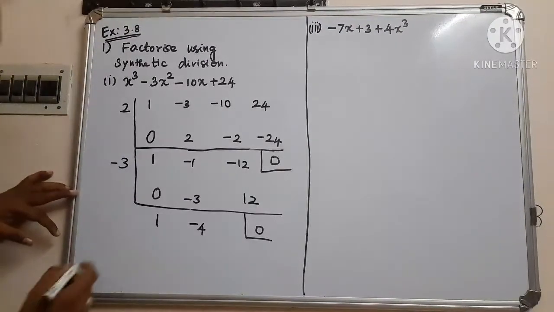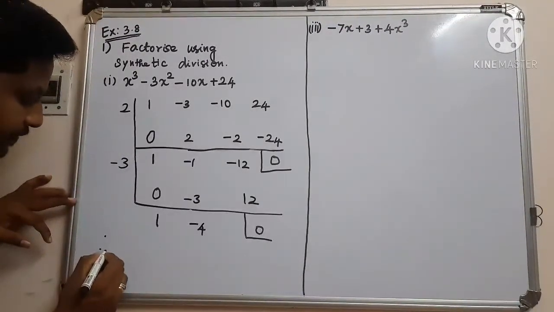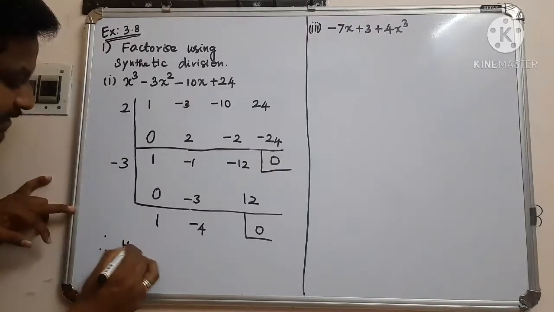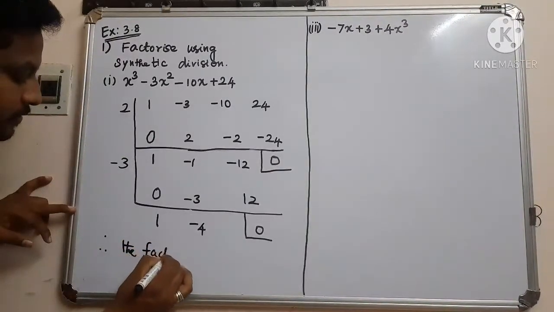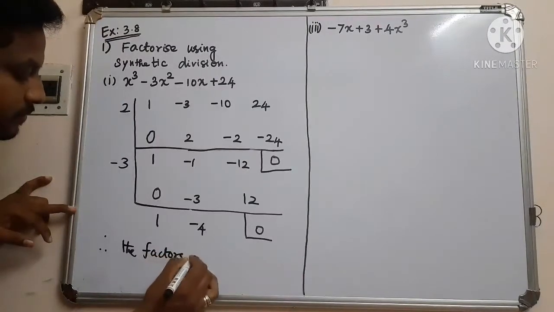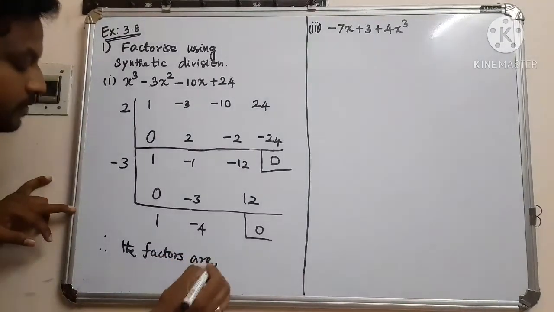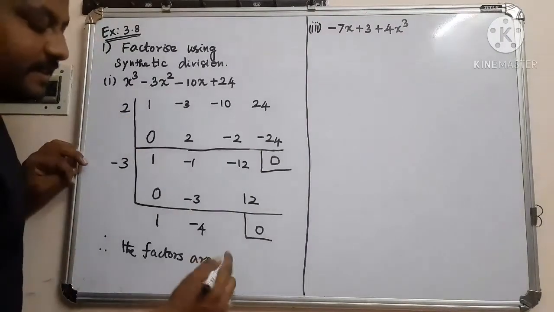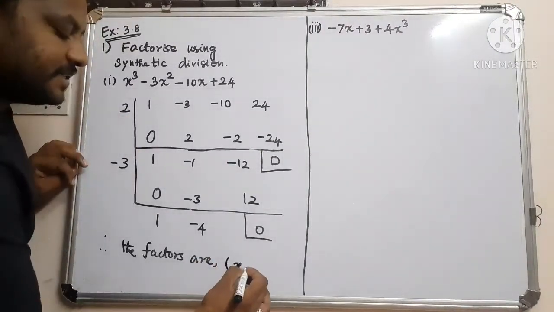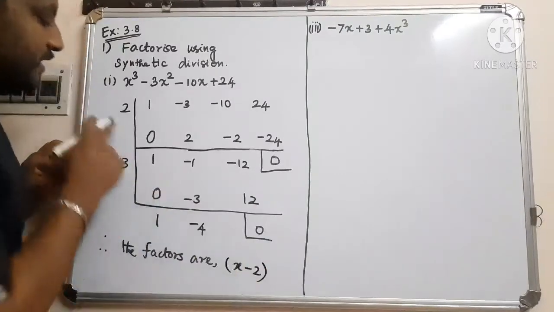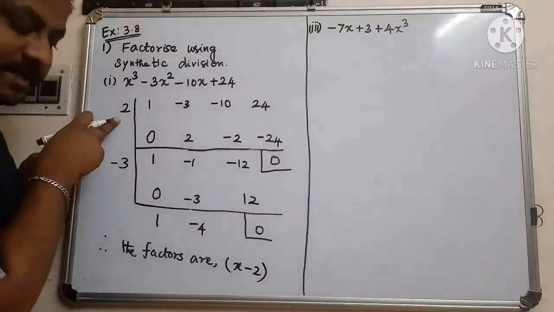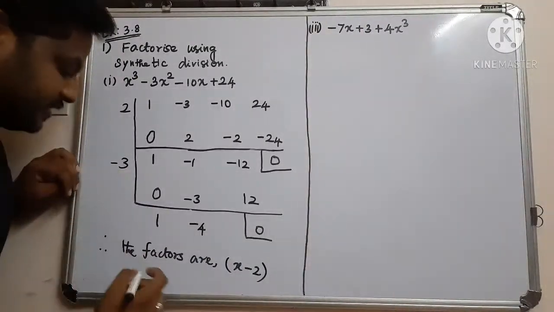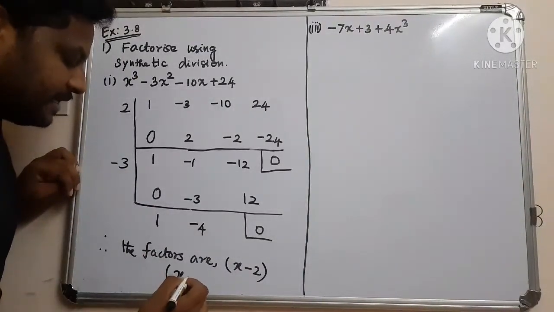At last you have to write, therefore, the factors are here plus 2. So you have to write the factor x minus 2. If you get plus 2, you have to write minus 2. If you get minus 3, you have to write x plus 3.